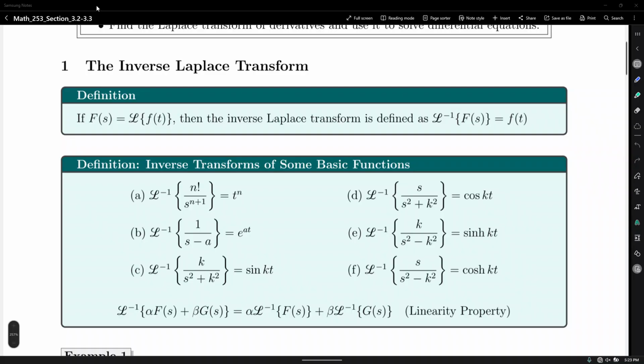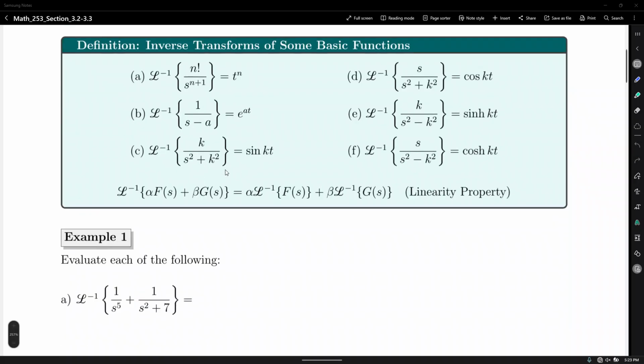All right. What else? The linearity property holds the same. The inverse transform of a sum of two or more functions, even multiplied by a constant, we can take the inverse transform individually, which is essentially what we're going to do. That being said, let's just use the formulas.